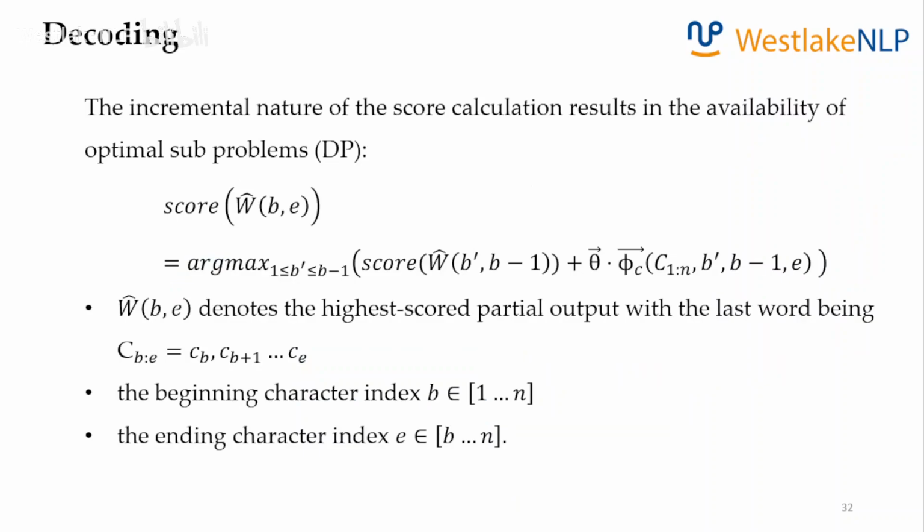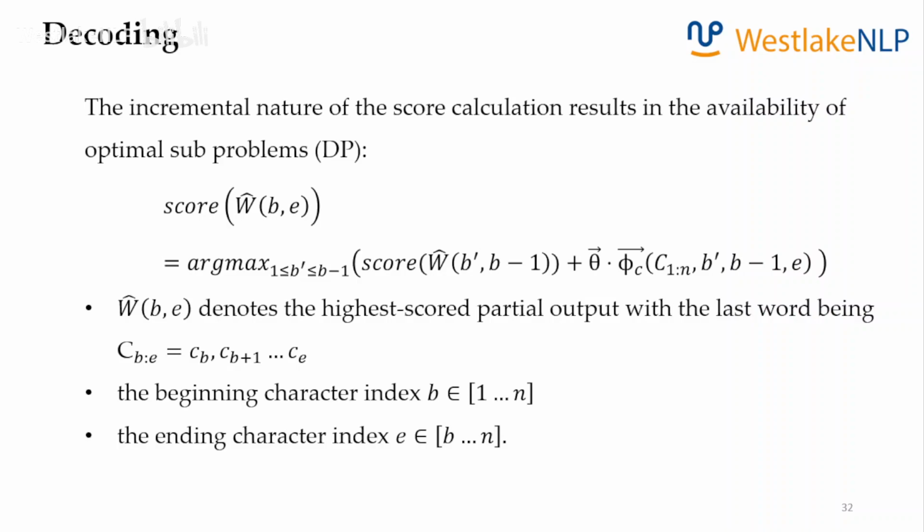The incremental score from W hat B prime B minus 1 to W hat BE is exactly this word bigram from B prime B minus 1 to E, feature and model parameter.